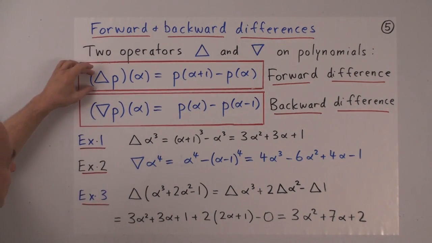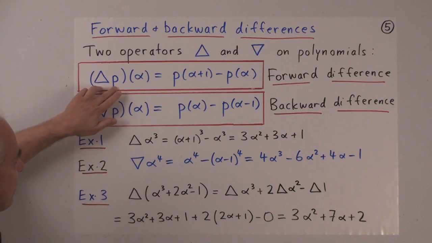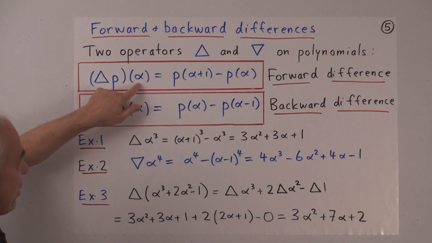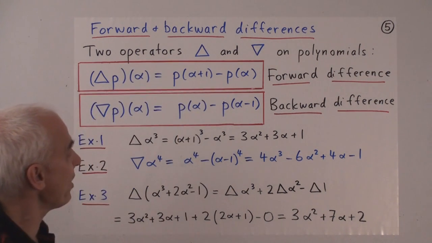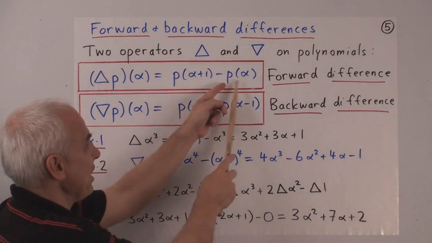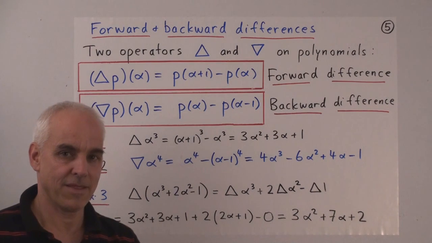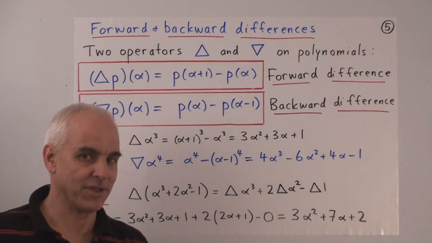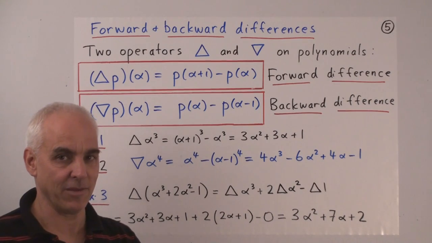And what is triangle of p? Well, triangle of p is a polynomial whose value at alpha is obtained by taking p of alpha plus 1 and subtracting p of alpha. That's sort of what we're doing with the differences. We're taking the n plus first element and subtracting the nth element.